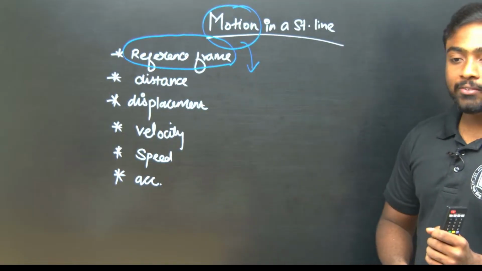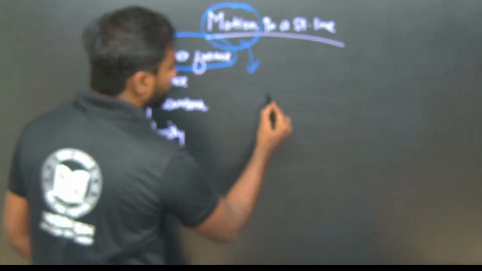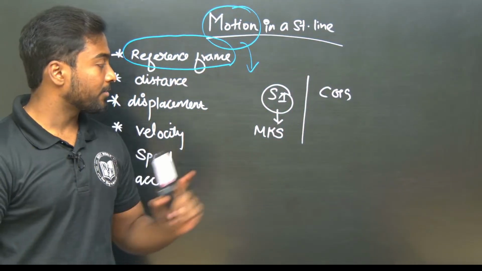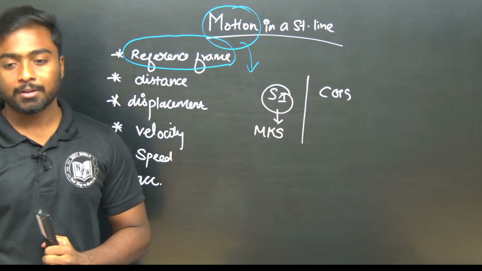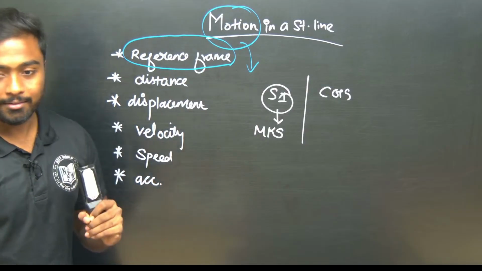If they are asking for the CGS unit, what is the difference between SI unit and CGS unit? In SI unit we take MKS. What is M? Meter, K is kilogram and S is seconds. And in CGS, C is centimeter, G is gram and S is seconds.